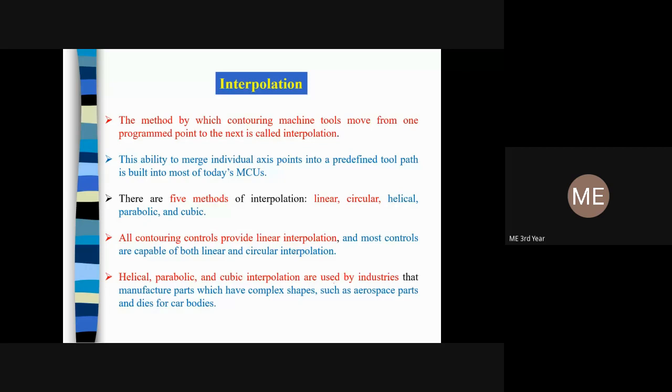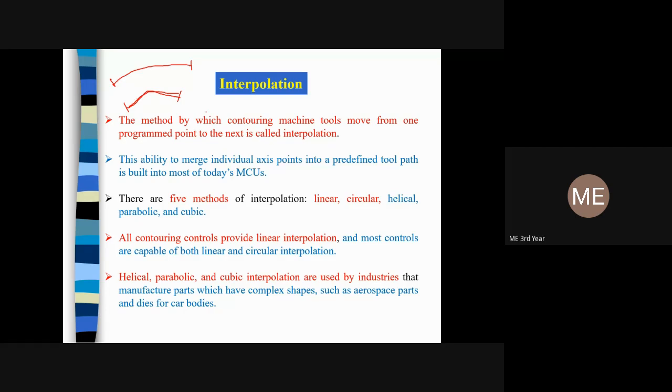And now the one important thing is interpolation. So what is interpolation? Now I have some coordinate points, this is my circular and this is my linear. I want to instruct the tool to go from one position to another position. In this case, the tool will move either this way or this way.